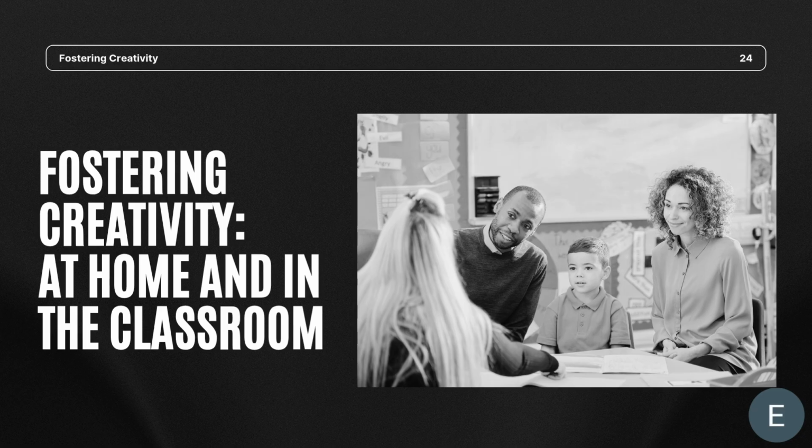Creativity is not something that develops on its own. It is strongly influenced by the environments children are exposed to. Both the home and the classroom play a critical role in shaping how students think, express ideas, and take creative risks. At home, parenting styles can either support or limit a child's creativity depending on the level of encouragement, independence, and emotional support provided.